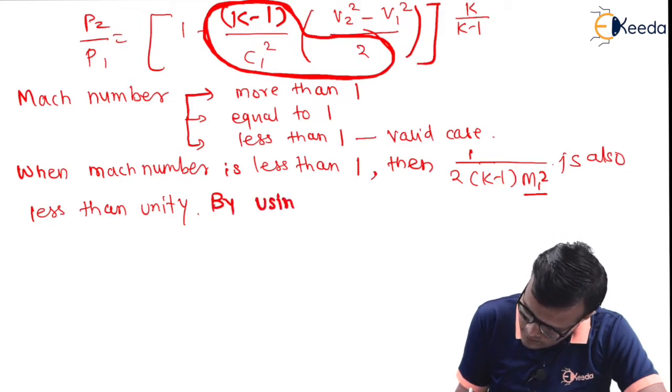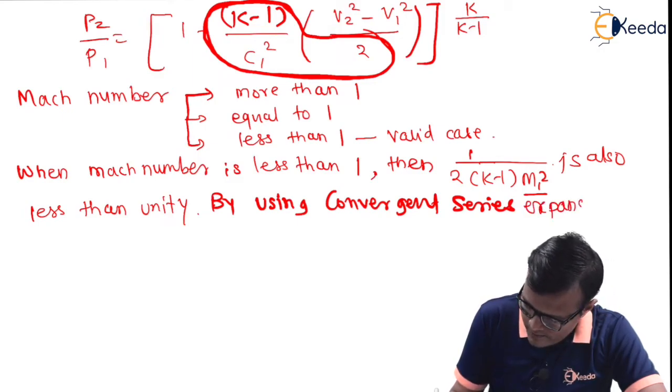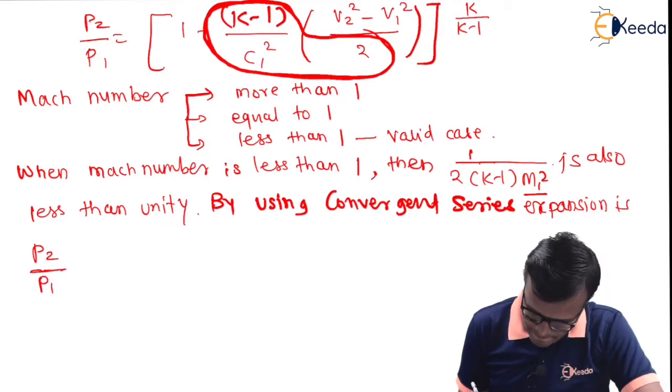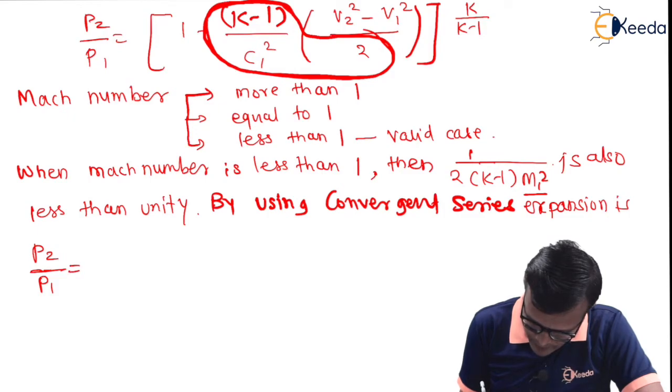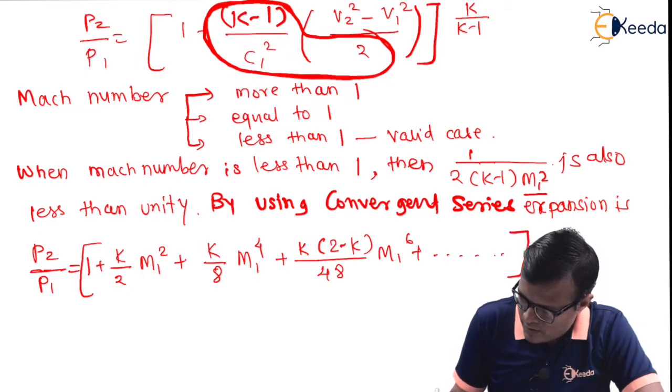So by using convergent series expansion, this P1 upon P2, P2 upon P1 is equal to 1 plus K by 2 M1 square plus K by 8 M1 raised to 4 plus K (2 minus K) divided by 48 M1 raised to 6 plus so on. There are so many terms.